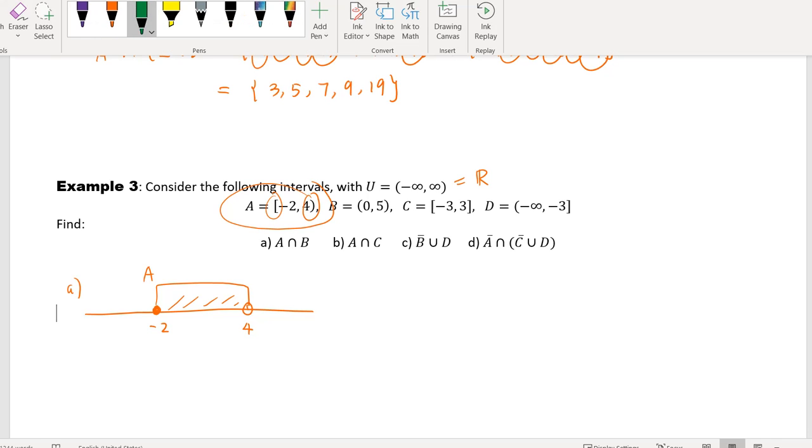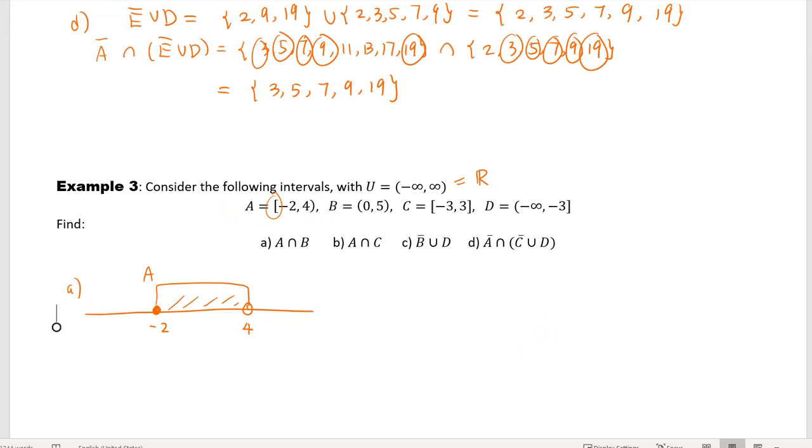Next, what is B? B is (0, 5). 0 is somewhere here, and 5 right here. They're both parentheses, so we put open circles here. And this is B. Now how about the common region?